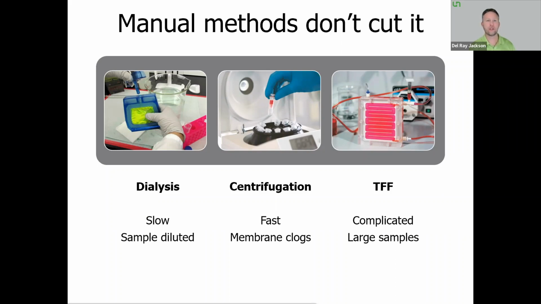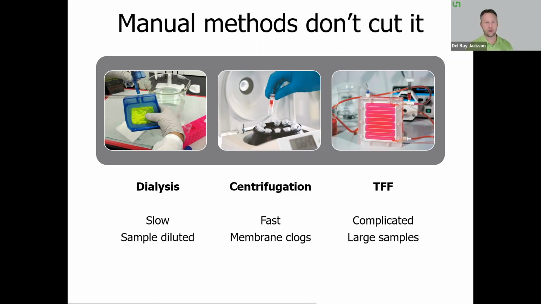For centrifugation, it is faster than dialysis. Again, quite accessible, but you can run into other problems. One is you can suffer with a lack of sample recovery because of membranes clogging. As you spin samples down, you get them past a certain concentration threshold, they tend to aggregate or gel.